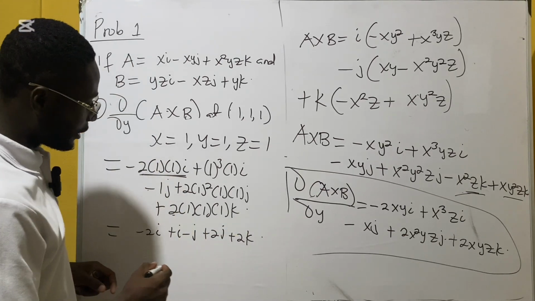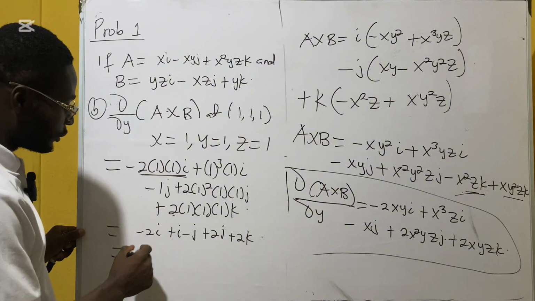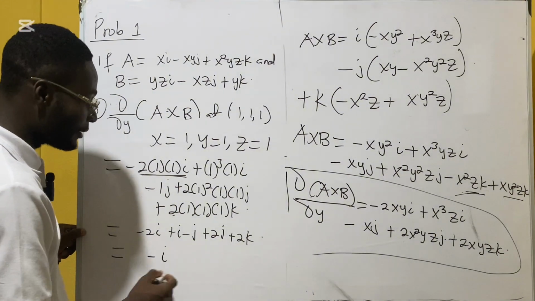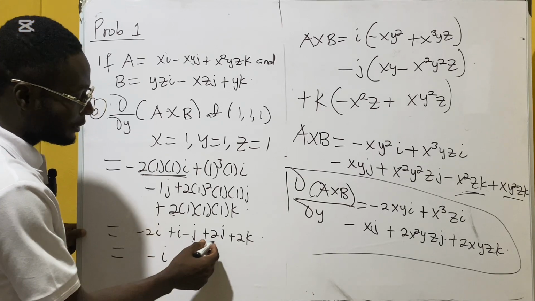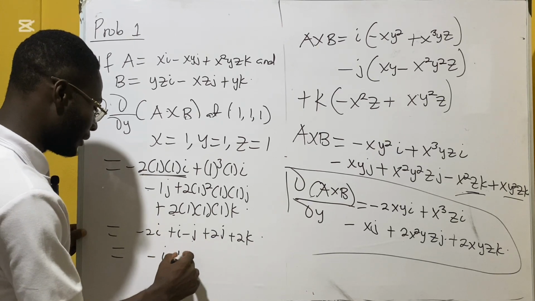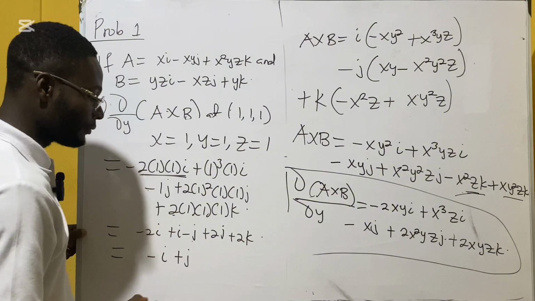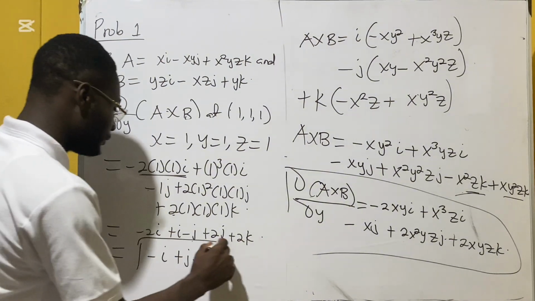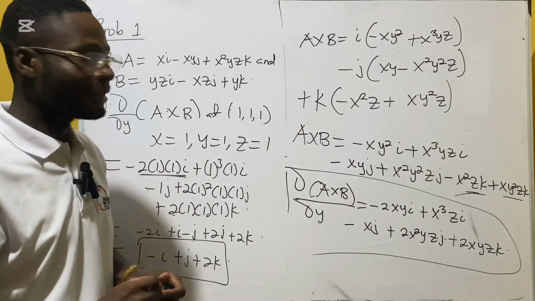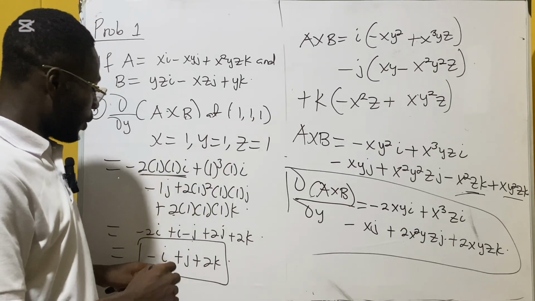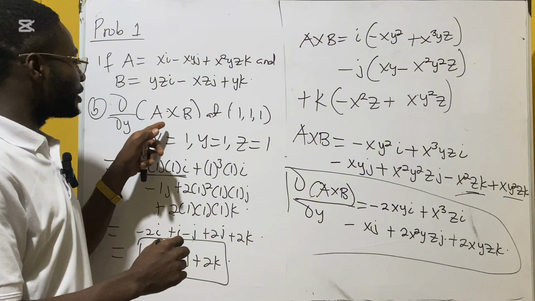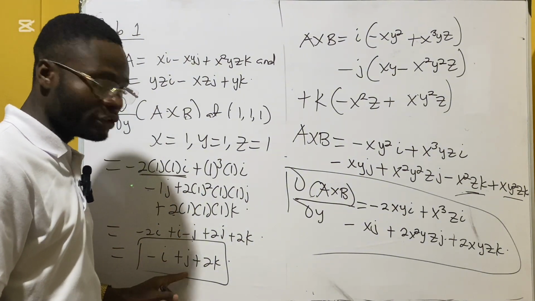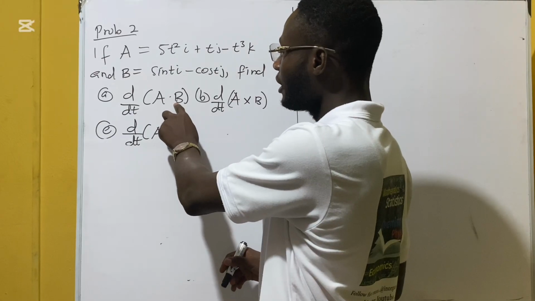So negative 2i plus i is negative i, and negative j plus 2j is plus j, and plus 2k. So at the point 1 1 1, we have the partial differential of A cross B with respect to y to be negative i plus j plus 2k.